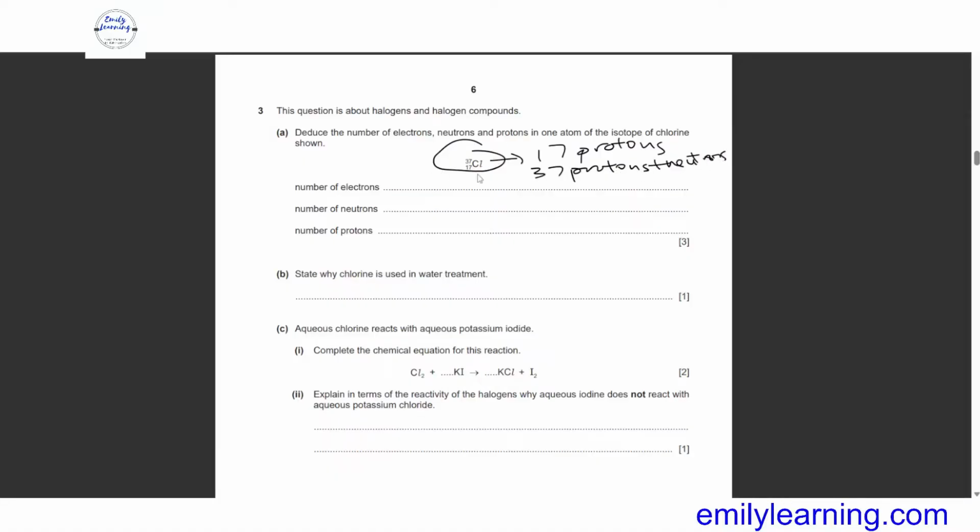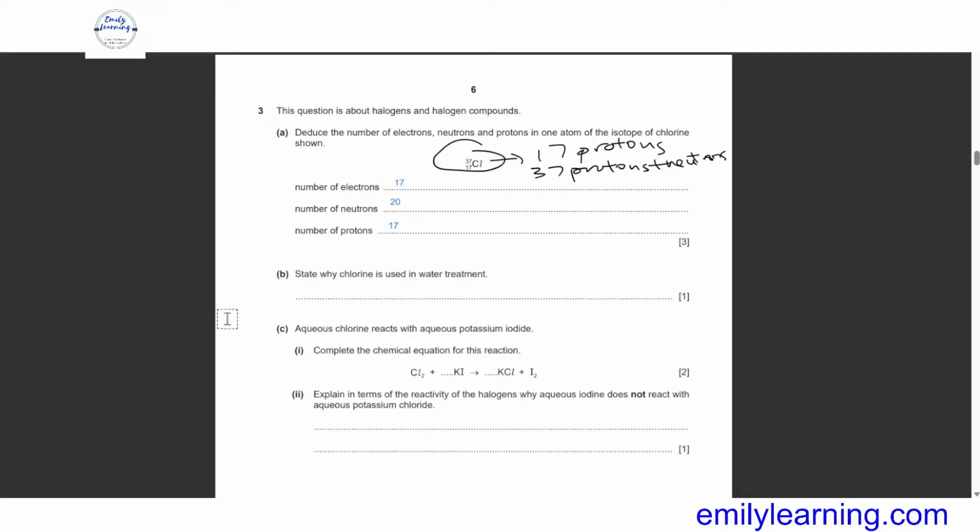Also there is no charge, so it's an atom, so the number of protons is equal to the number of electrons. Because there are 17 protons, there will be 17 electrons. The number of neutrons will be 37 minus 17, which gives us 20, and the number of protons will simply be 17.